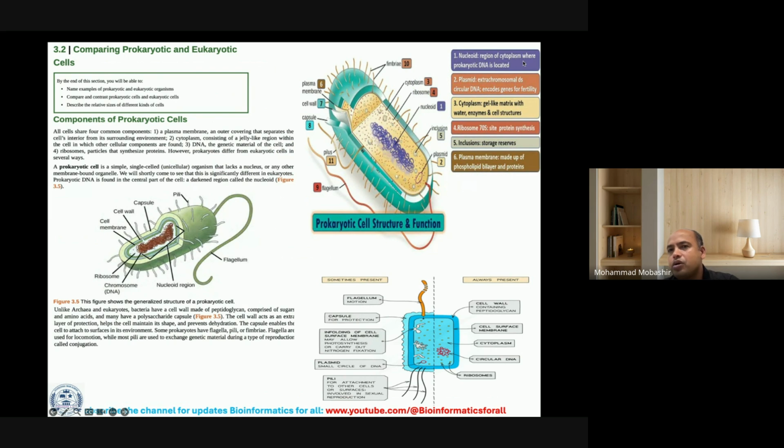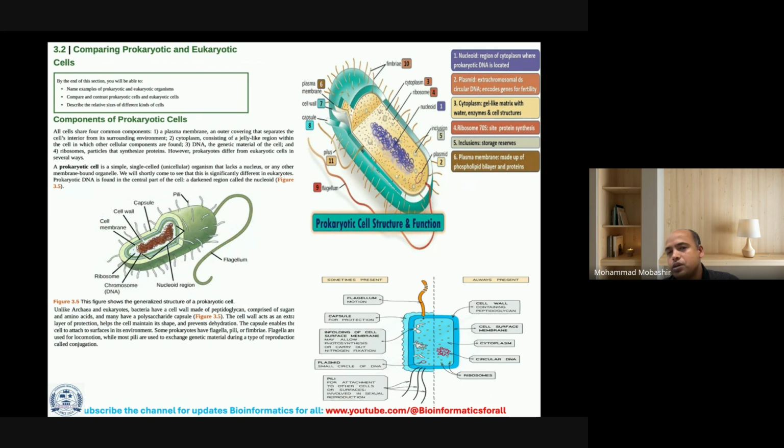Here, the nucleoid is the region of cytoplasm where prokaryotic DNA is located, similar to the nucleus that eukaryotic cells have. Then plasmid, which is extrachromosomal double-stranded circular DNA, which encodes genes for fertility. Then comes the cytoplasm, a gel-like matrix with water, enzymes, and cell structures.